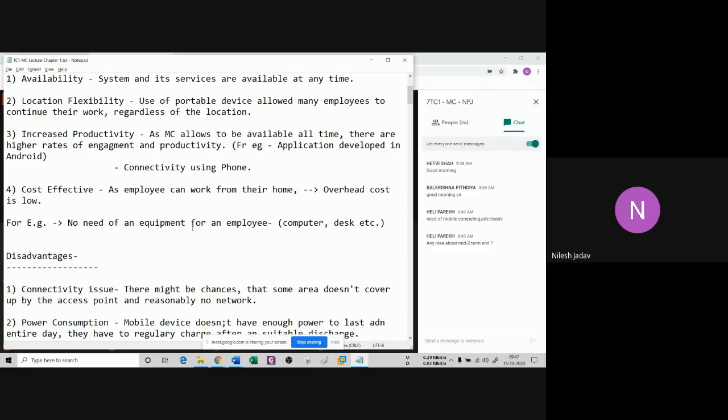That will reduce the overhead cost, and that's why we have the fourth advantage as cost effective. So here you can see there is no need of equipment for an employee, like a computer desk or any other resources from a company. The user doesn't have to use them. He can use his own things at his home, right?